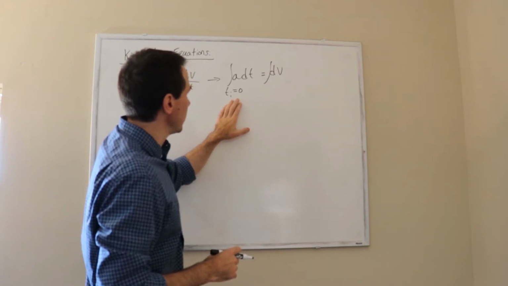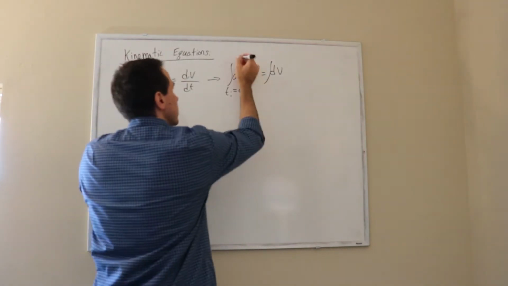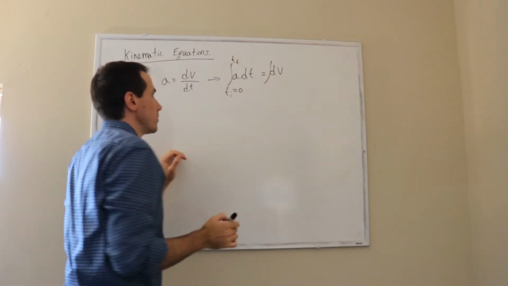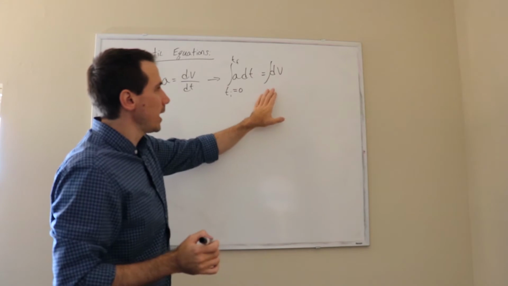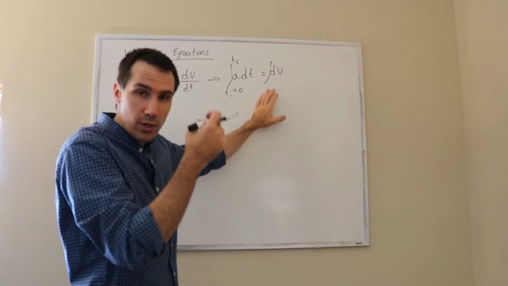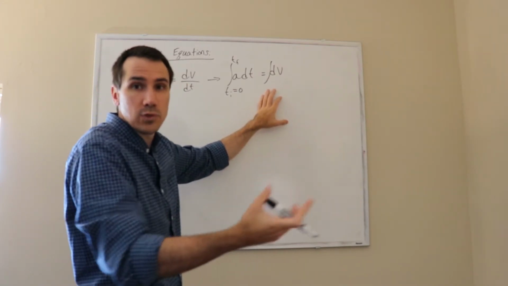So I'm going to integrate from some initial time to some final time over dt. And I'm going to have to integrate my velocity over the equivalent time span.